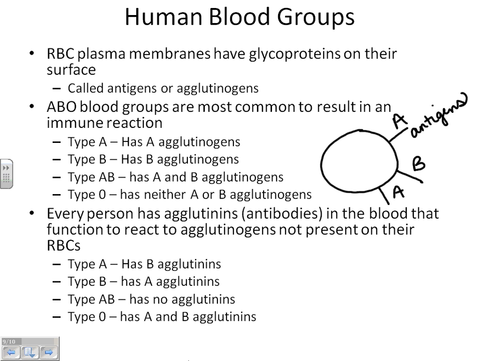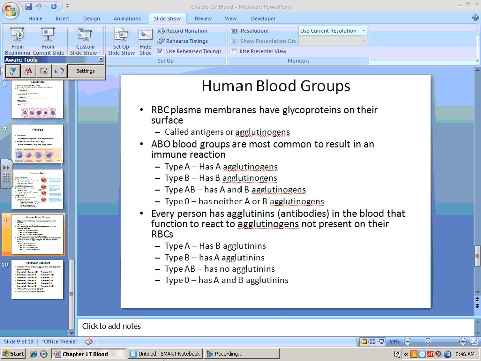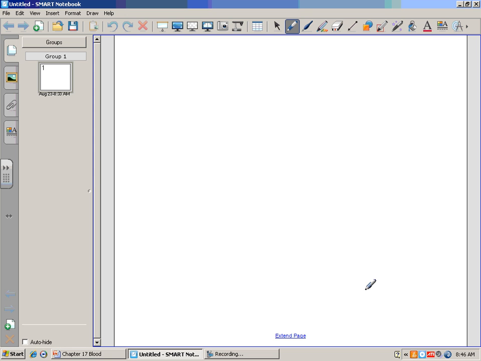All right. Let me go to my little piece of paper so I can draw a little bit more. So if I am type A blood, then my red blood cell has only A's sticking off of it.